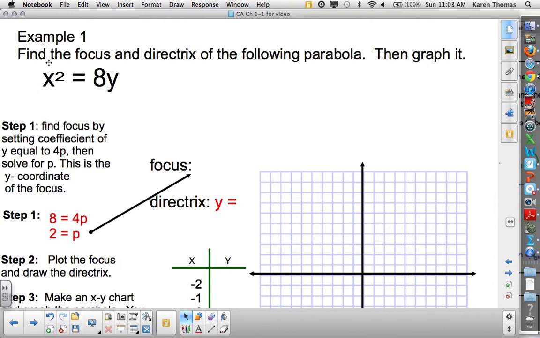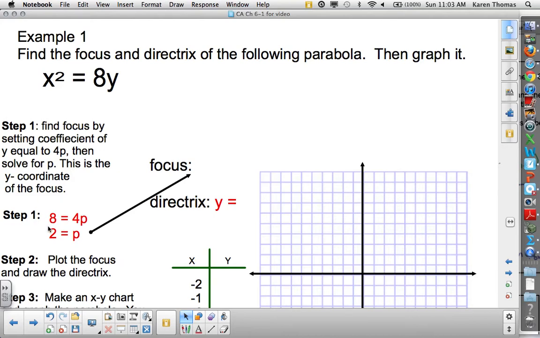When we're given an equation, x squared equals 8y, our first step, since x squared is already isolated, is we're going to find the focus by setting the coefficient of y, which is 8, equal to 4p. Then we're going to solve for p. P, if we recall, is actually the y-coordinate of the focus.